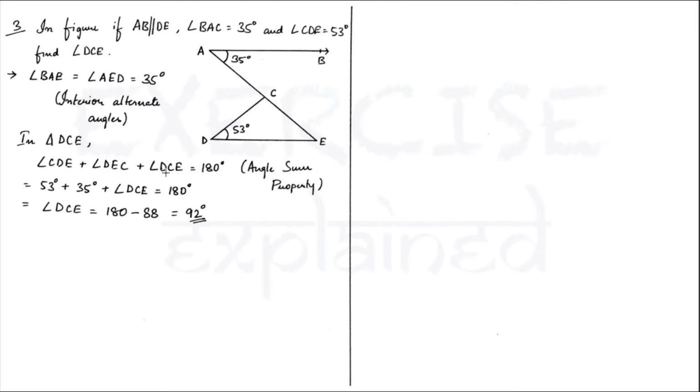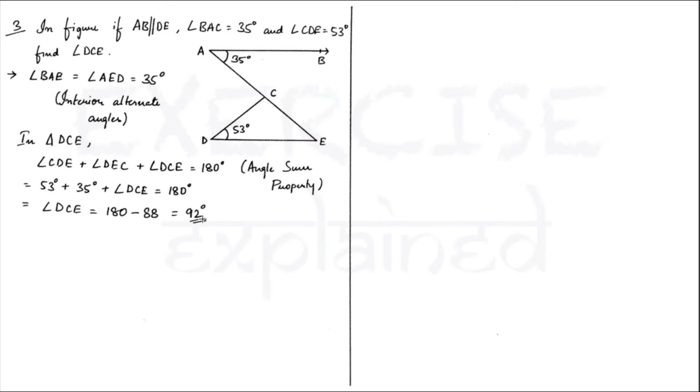And DCE, we have to find out. So I keep it as it is. So that is equal to 180 degrees. Now 53 and 35 added together gives me 88. I take this 88 to the other side, and what we get is DCE is equal to 180 minus 88, that gives me 92 degrees, and that's what the question wanted.